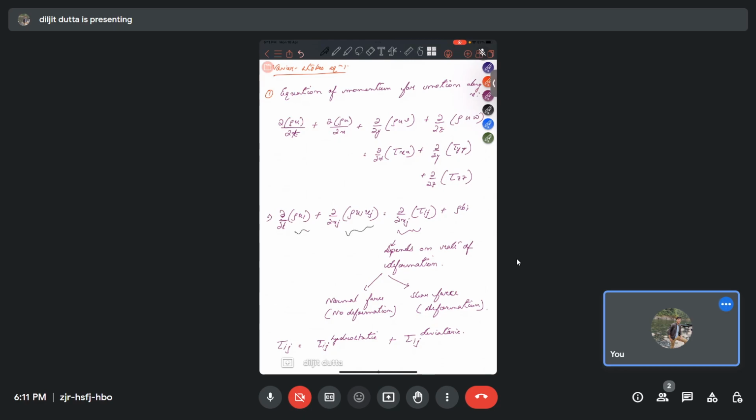This is the force due to local acceleration, and this is the convective.